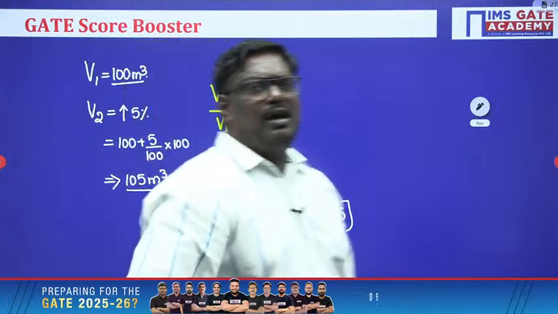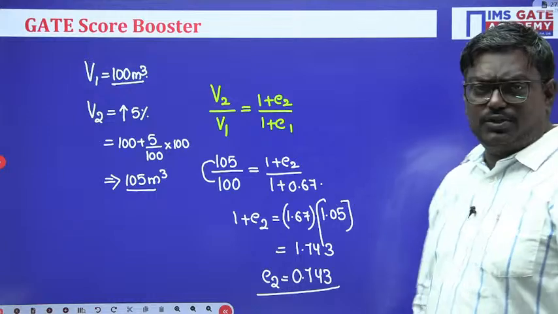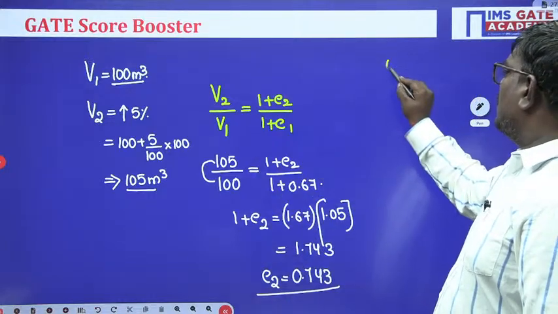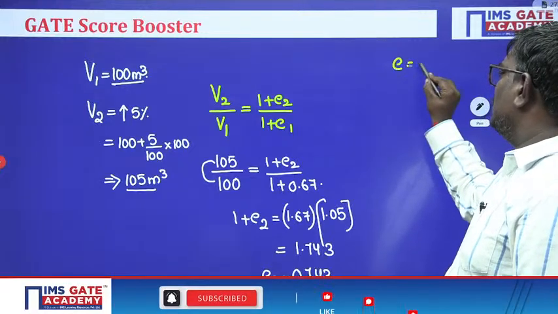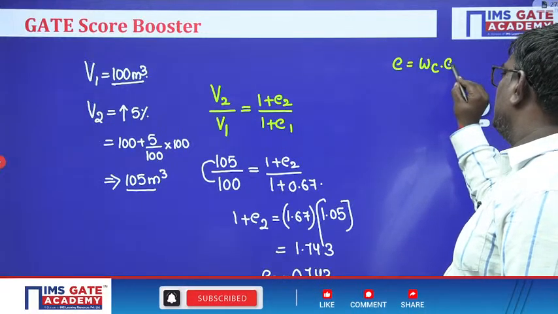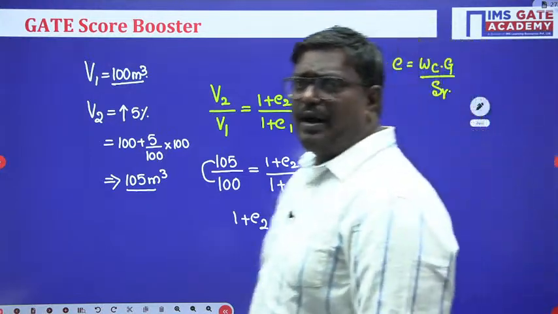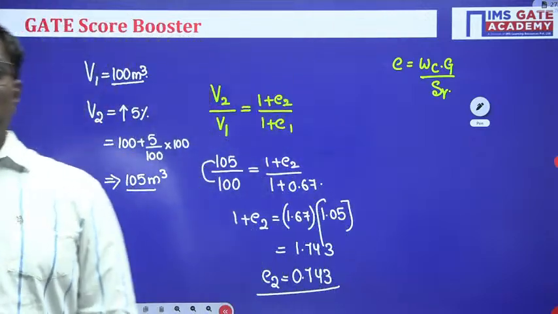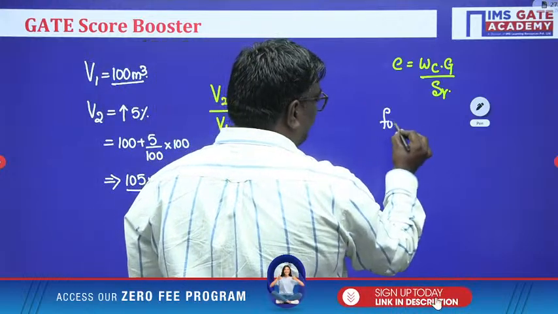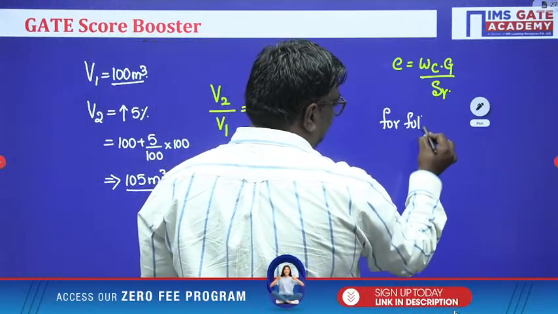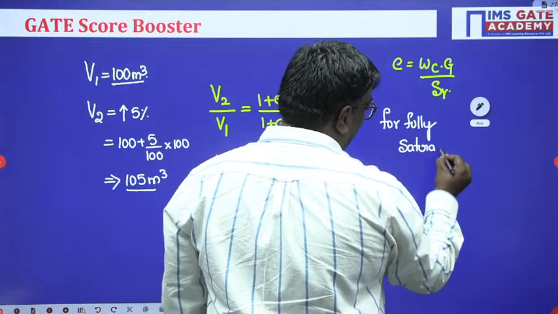Now if you know the void ratio, can't you find out the water content at which the soil is fully saturated? Now see, void ratio e can be written as water content times G upon SR. So for full saturation, I told you, what will be the SR, students?